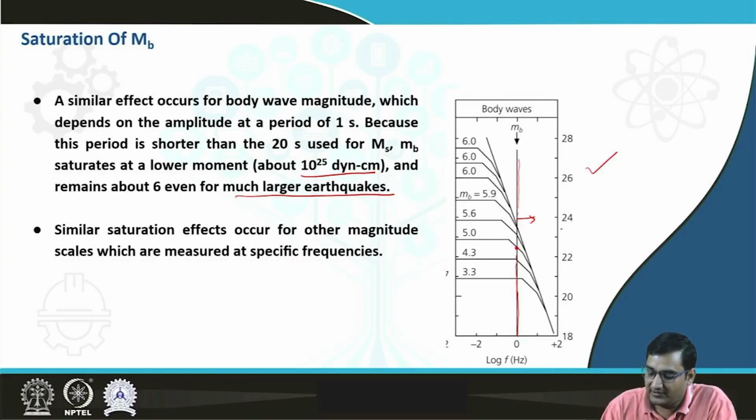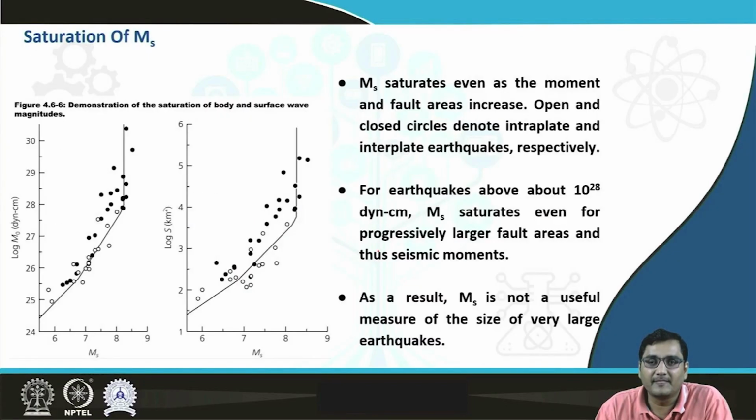So it will not give you the correct value of the earthquake for those having magnitude higher than 6, and a similar saturation effect occurs for other magnitude scales which are measured at specific frequencies. So here is the demonstration of saturation of body and surface wave magnitudes.